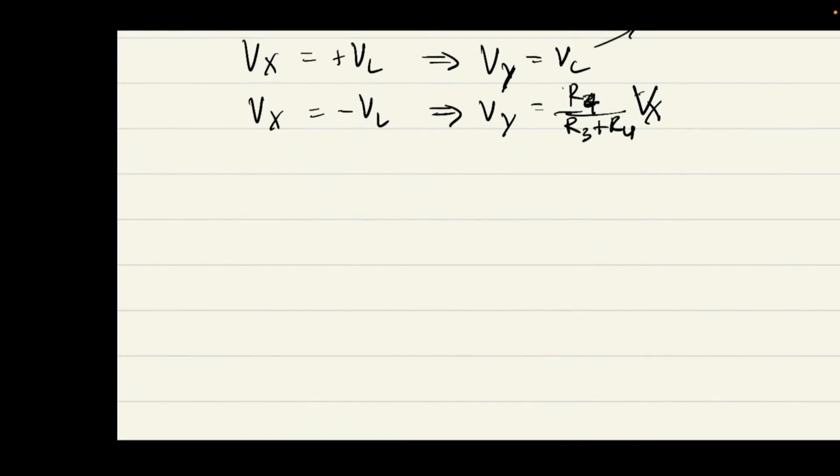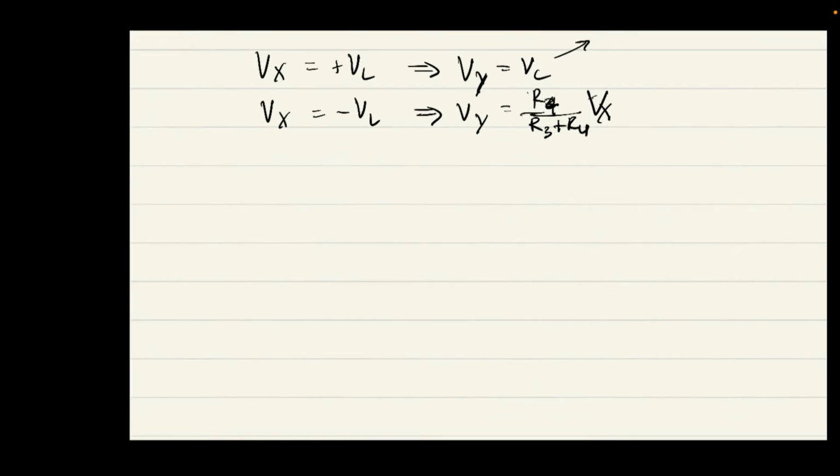Okay. So then what we have to do now is derive our two charging equations again, or the periods. So there's Tc for T charging, which will be in the case that Vx is positive VL. And there's Td for discharging, which is in the case where Vx is negative VL. Now, TD, nothing has actually changed from the previous question, right?